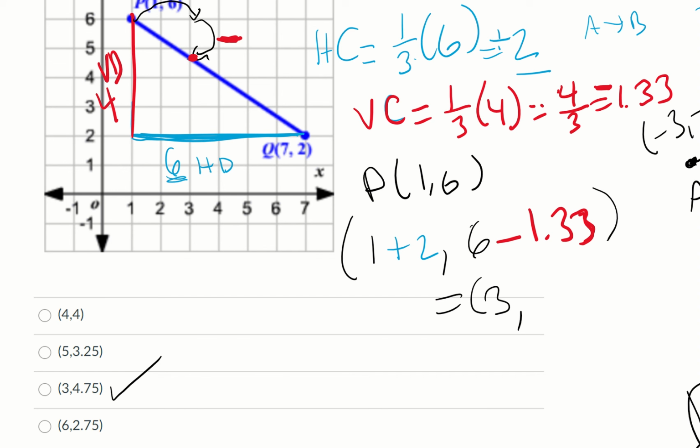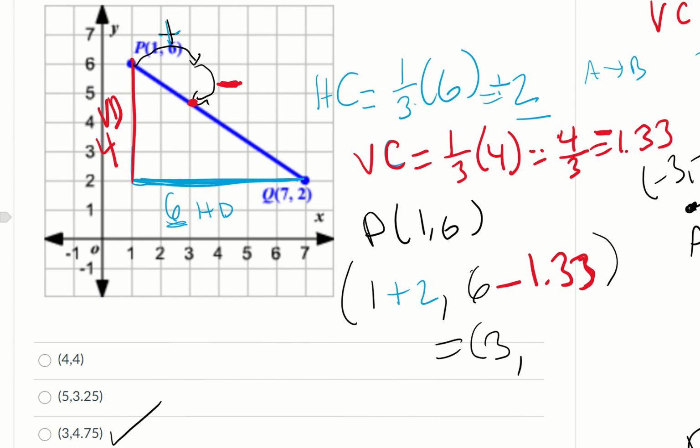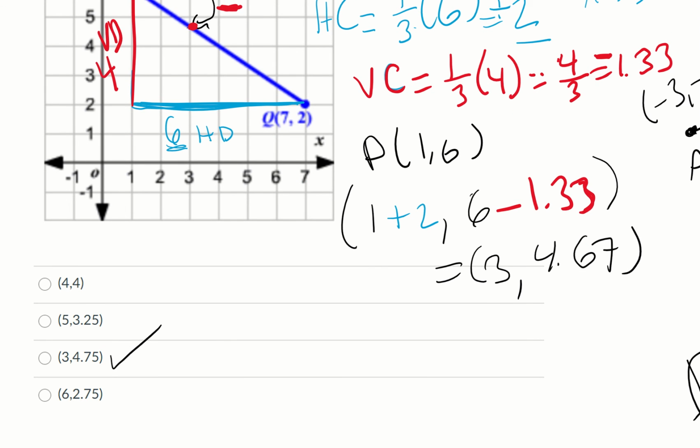And I want to verify this for a second, real quick. Okay, and then 6 minus 1.33 is about 4.67.